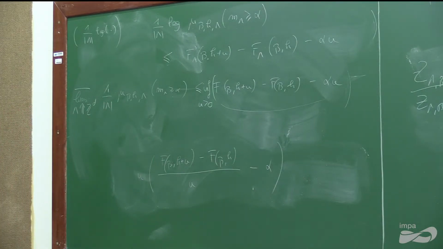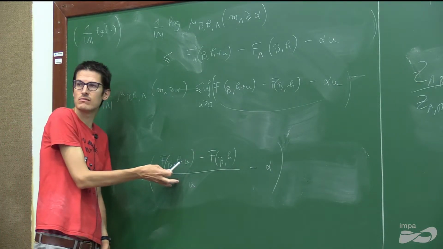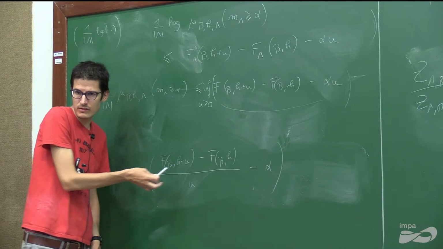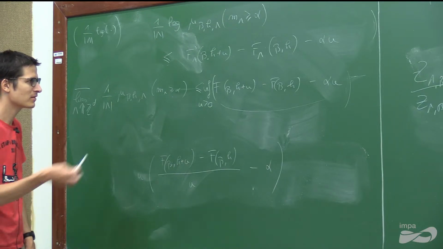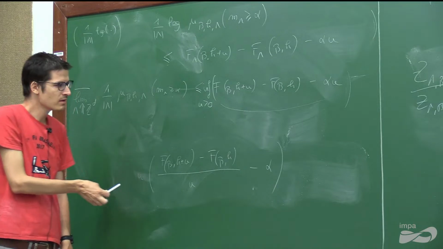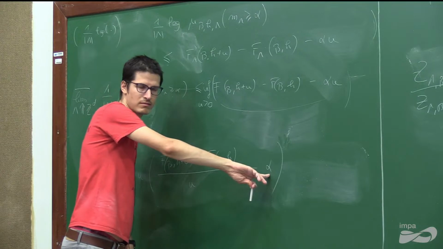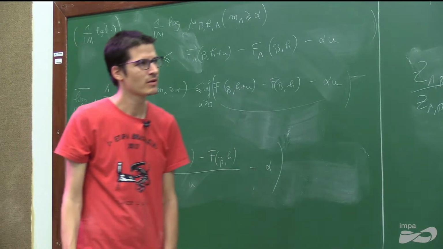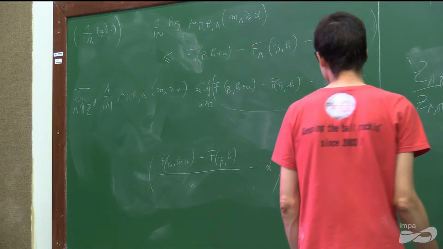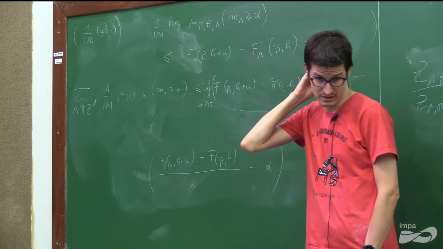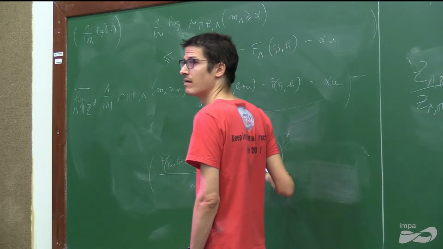Now I know that when f is convex, this thing is increasing in u. So my best chance for it to be negative is to take u as small as possible, and just hope that I'm smaller than alpha. It turns out that the limit when u goes to 0 is exactly the right derivative of f. So if f is differentiable, the limit when u goes to 0 is exactly m beta h.